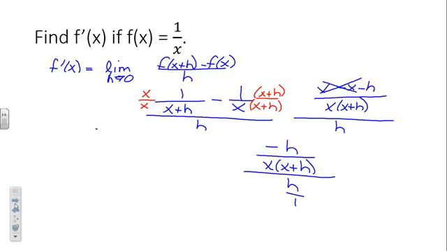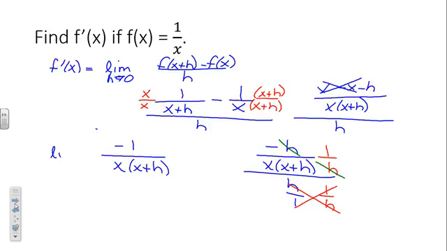So when we invert and multiply, these guys are gone. And this is nice because the h's will cancel. So we have negative 1 over x times x plus h.